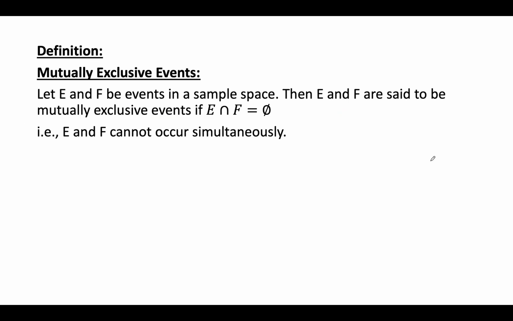In case I have two events, E and F, in a sample space, E and F are said to be mutually exclusive events if E does not have any common element with F, so E intersect F is equal to phi, which means they cannot occur simultaneously.